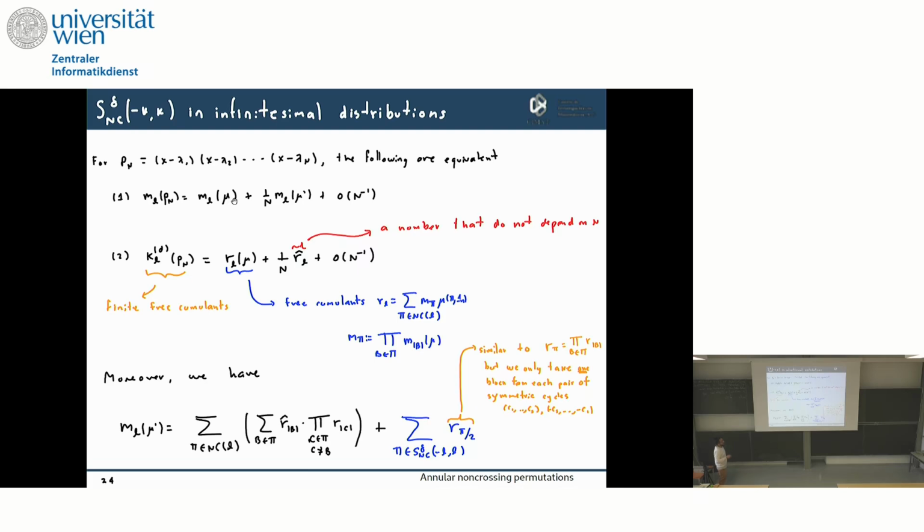Here I said similar. This pi over 2 is just similar to the usual product when you have a sequence, but because we have the symmetry here, we only take one block from each pair of symmetric cycles. Remember that whenever you have a cycle, you have a symmetric reverse cycle with opposite signs.